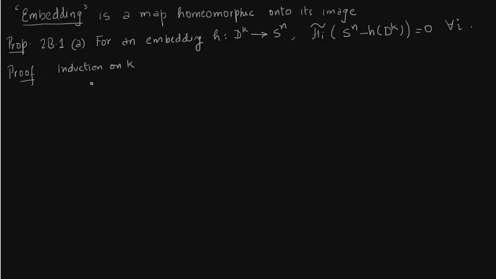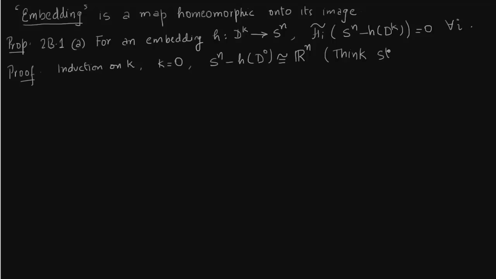First you need to start with k equals 0. You take a point out of the sphere and do a stereographic projection.